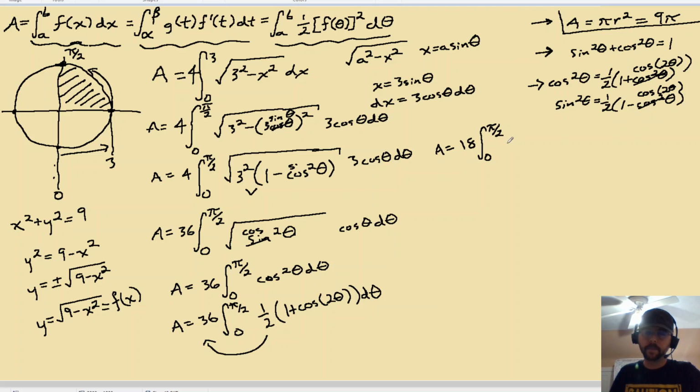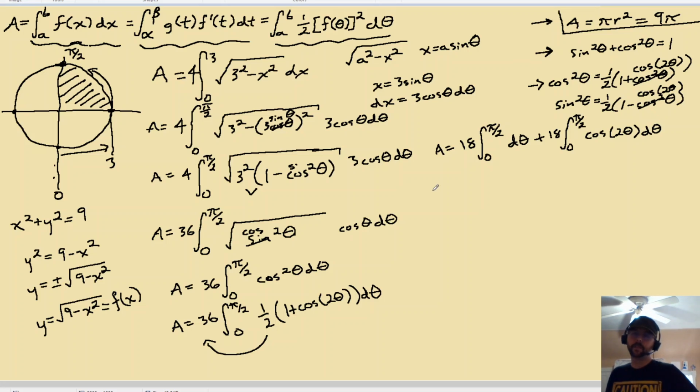So I'll do that now. So this is actually just d theta here plus 18 times the integral from 0 to pi over 2 of cosine 2 theta d theta.